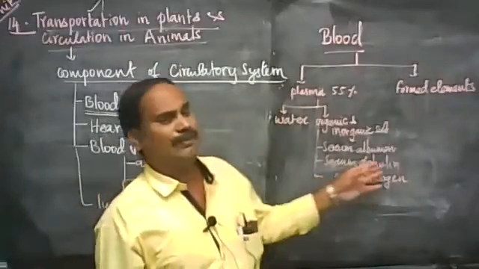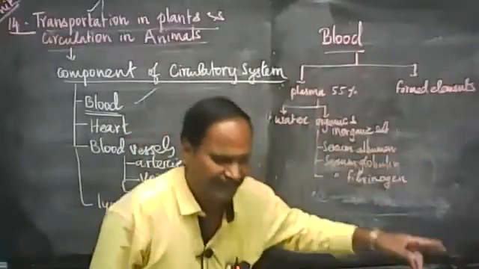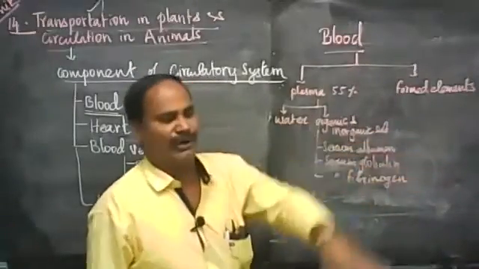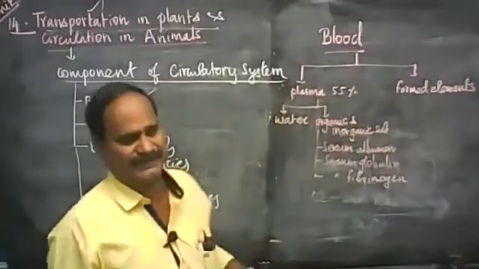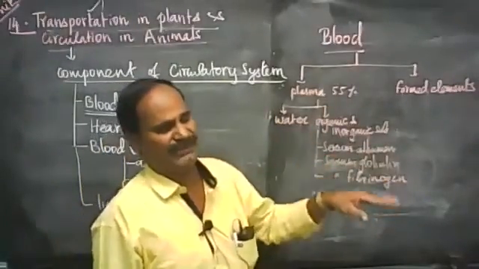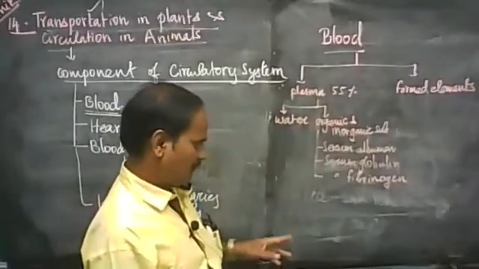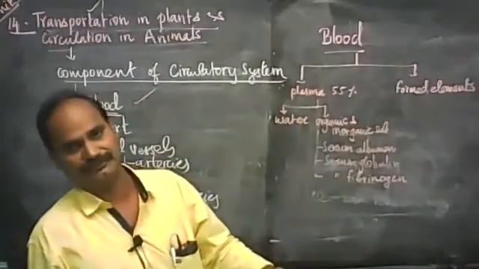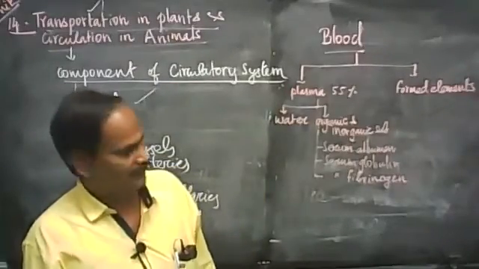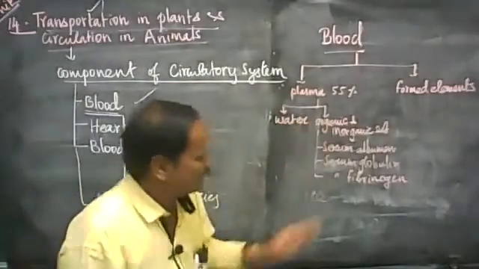And serum globulin produces antibodies. It protects our body by producing antibodies. Those antibodies are used to kill pathogens, so it is involved in protecting our body from infection. Then serum fibrinogen takes part in the blood clotting process. So these are all plasma proteins.